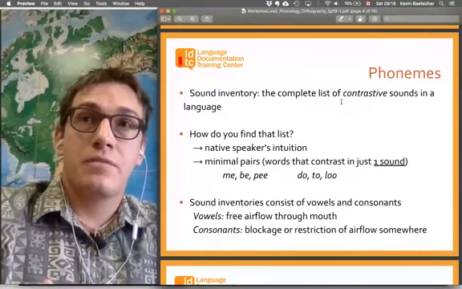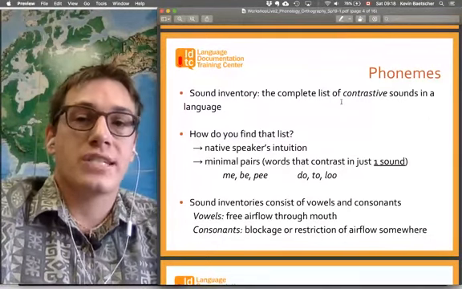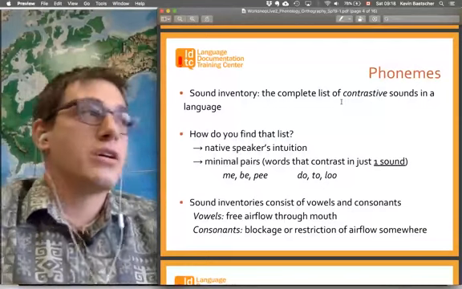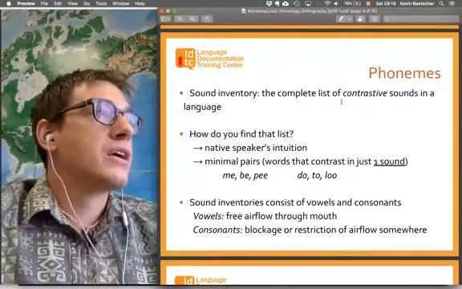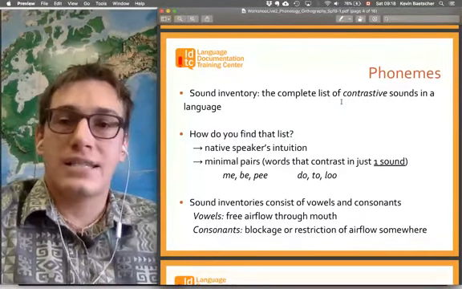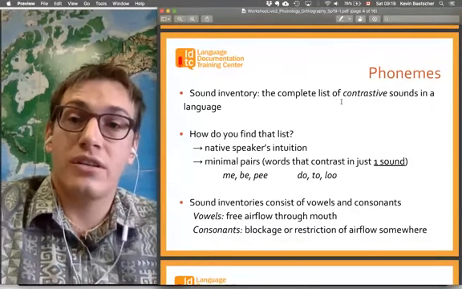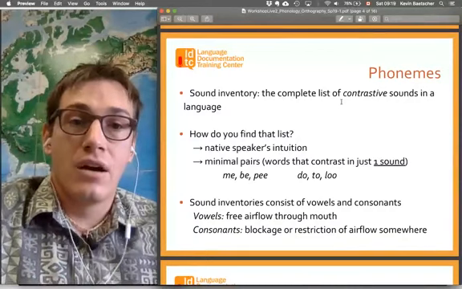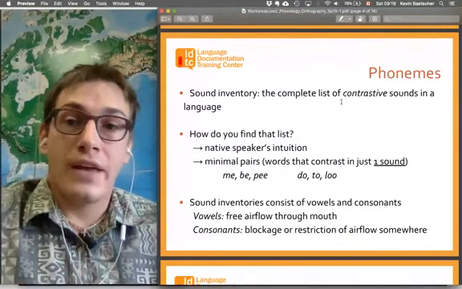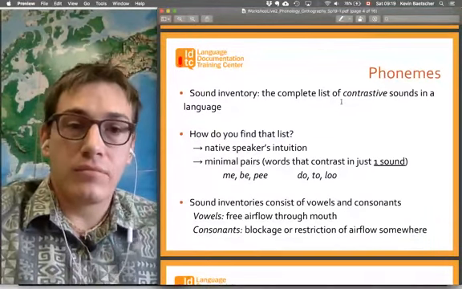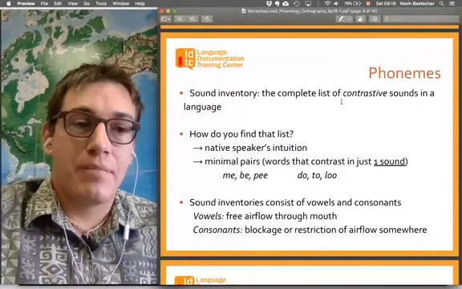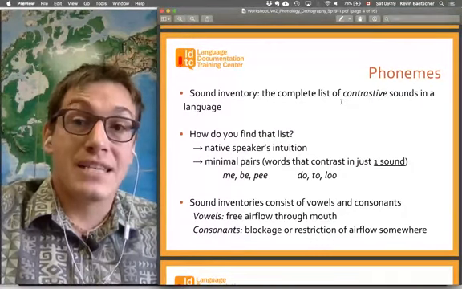Oftentimes, as a native speaker, you have intuition about which sounds are distinct from each other. So for example, if instead of saying good, I say gad, that doesn't sound like good; you wouldn't understand that to mean the same thing, right? So the U and the A are two different sounds. Same if I say bat, or if I say pat.